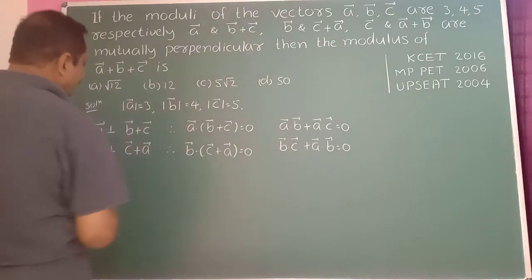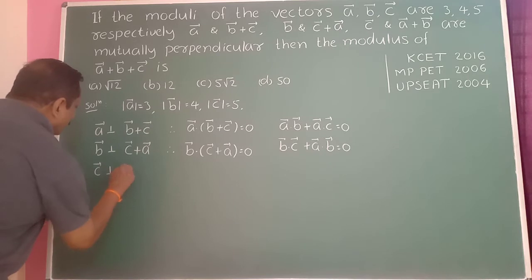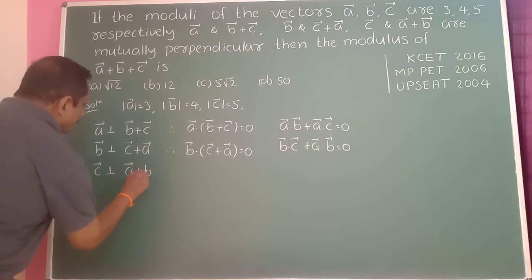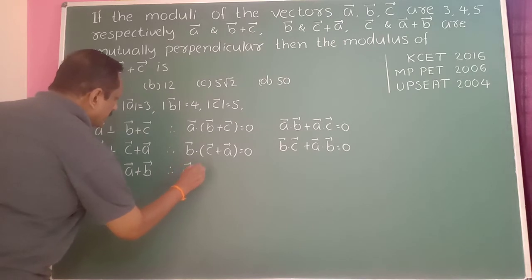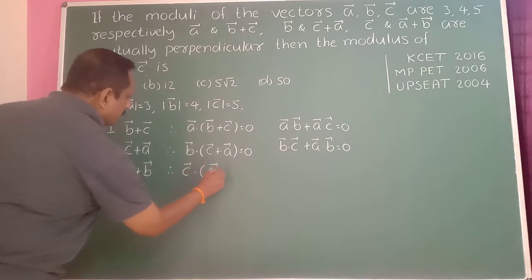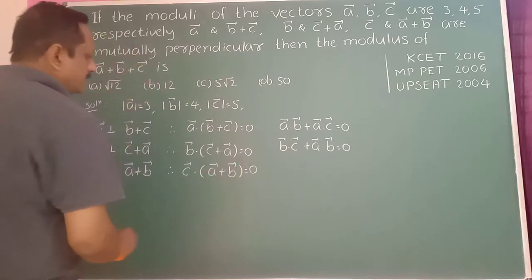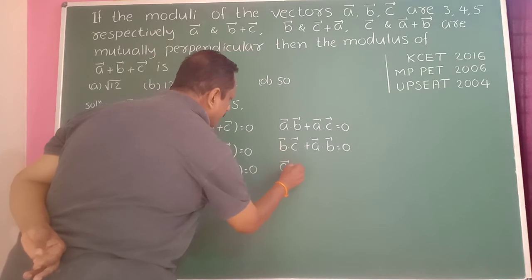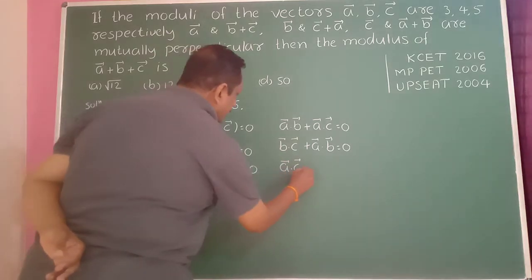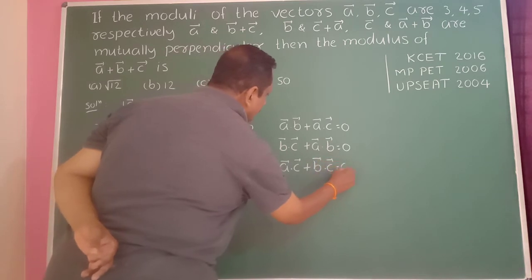Then c bar and a bar plus b bar are perpendicular. C bar perpendicular to a bar plus b bar. Therefore c bar dot of a bar plus b bar is equal to 0. So take this c bar inside: a bar dot c bar plus b bar dot c bar is equal to 0.